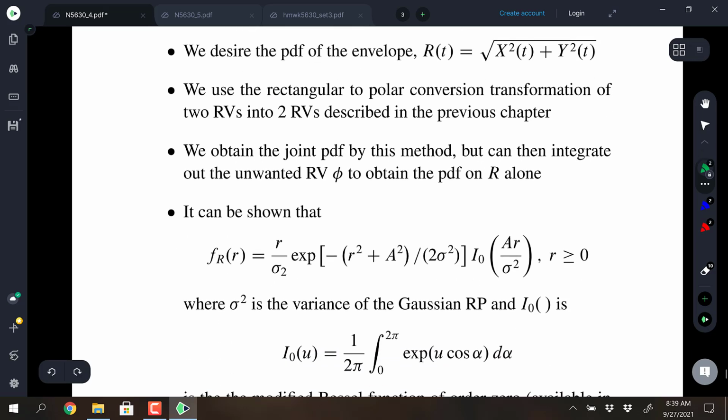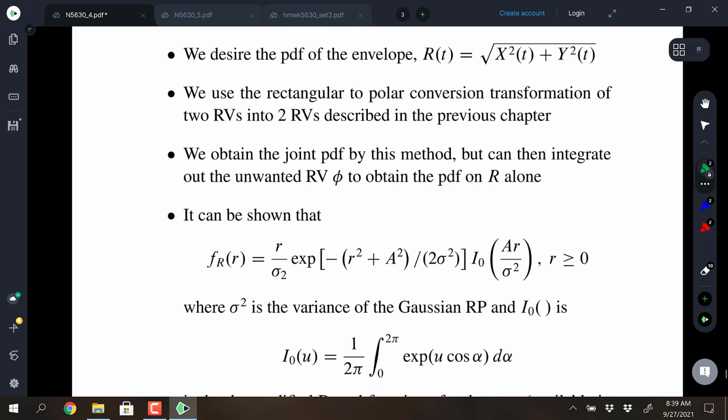So this can take us back to the rectangular to polar conversion that was done in the random variables chapter. And then we can suppose we're interested in the envelope fluctuations, which is what this example is all about. So we integrate out the unwanted variable phi in order to obtain the PDF on the envelope.